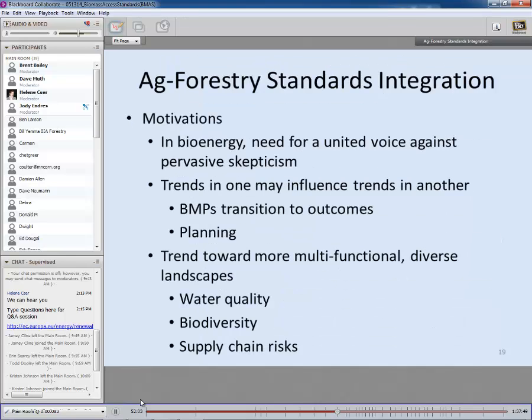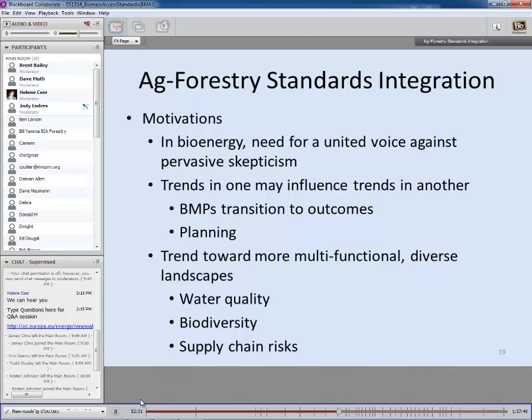There's one more element to this before we get into the actual tool side of that, and that is integrating ag and forestry together in standards, because we know that forestry has a longer history of certification going back at least to the 1990s. The motivation of bringing forestry to the table to discuss with agriculture how we get these bioenergy certifications is at least threefold.